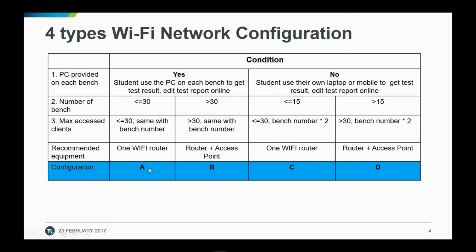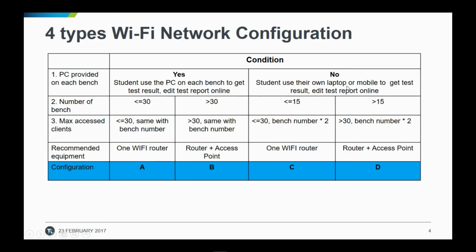Take configuration A for example. There is a PC provided on each bench, and the number of the benches within the lab is less than 30. So the maximum accessed clients is no more than 30. So 1 Wi-Fi router is enough to provide the network.